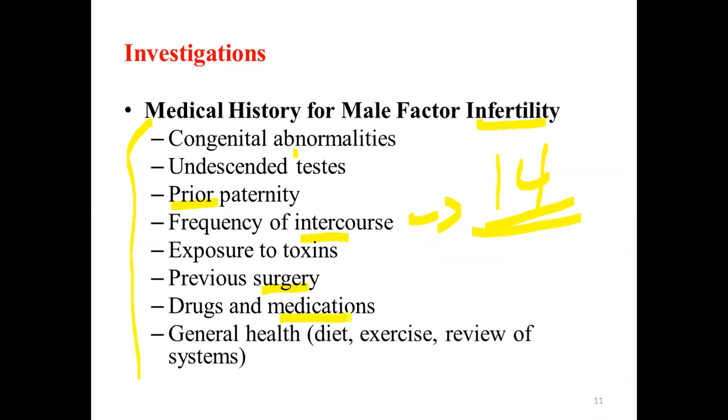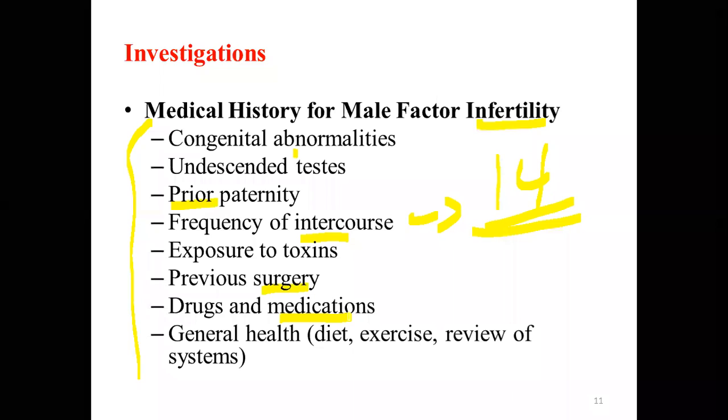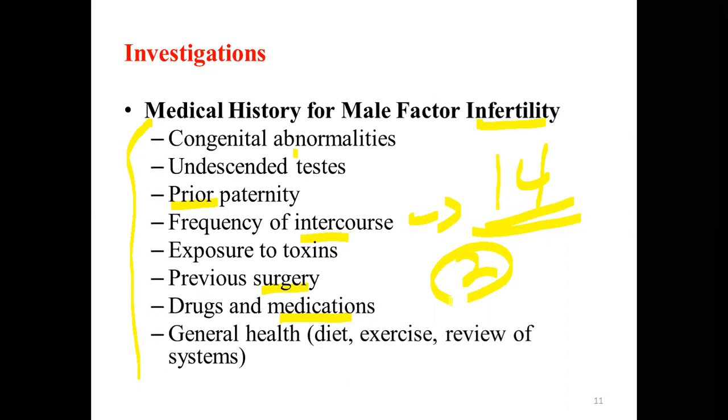Some drugs even cause gonadal damage, especially anti-cancer medication. By the way, when someone undergoes chemotherapy, either male or female, the probability of fertility after chemotherapy is very minimal. In principle, they are supposed to wait at least 2 years after chemotherapy if they want to have a child.